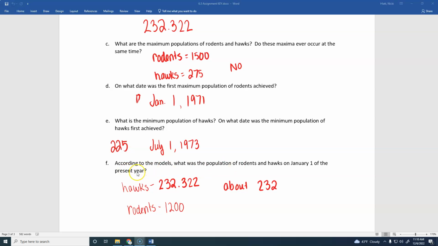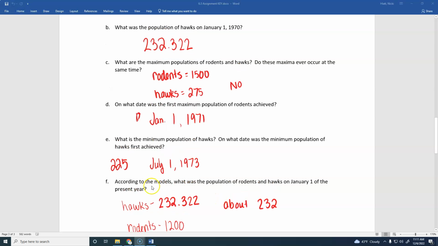I always like these questions, but it also means your answer key's wrong every year unless you update them. So I need to go through and put in the next years, 2023, 24, 25, so that I'll have the answers for the next several years in my answer key. Yeah, that one's probably wrong. But you would just do 2022, subtract 1970 from it, and plug that number in. I won't give you one like that on a quiz or test for the same reason. It's going to be wrong.